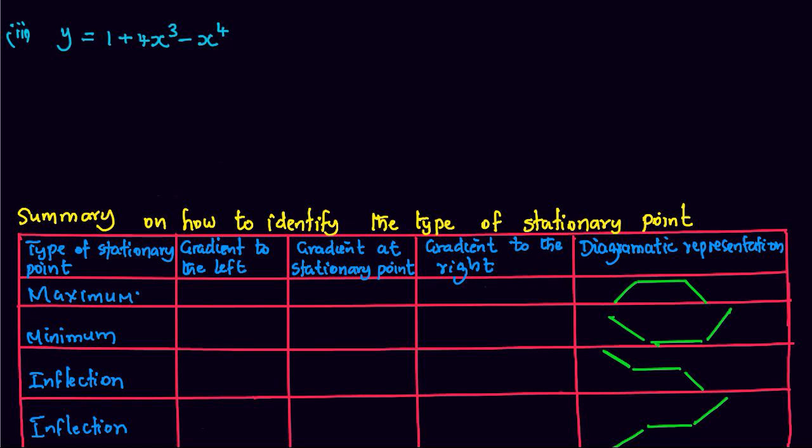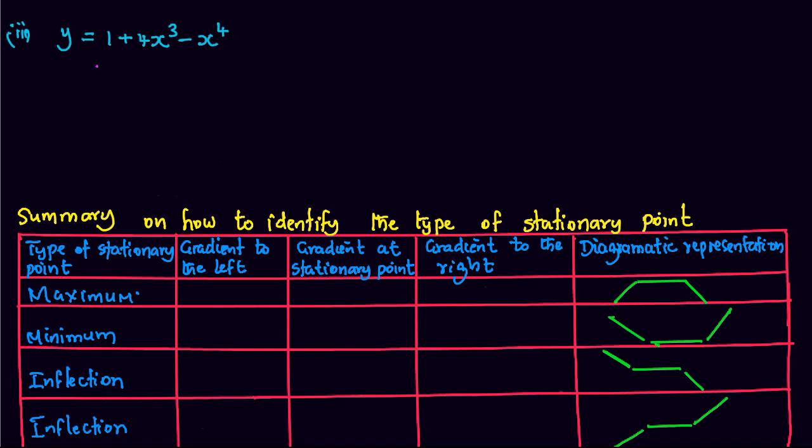Given y is equal to 1 plus 4x cubed minus x raised to power 4.